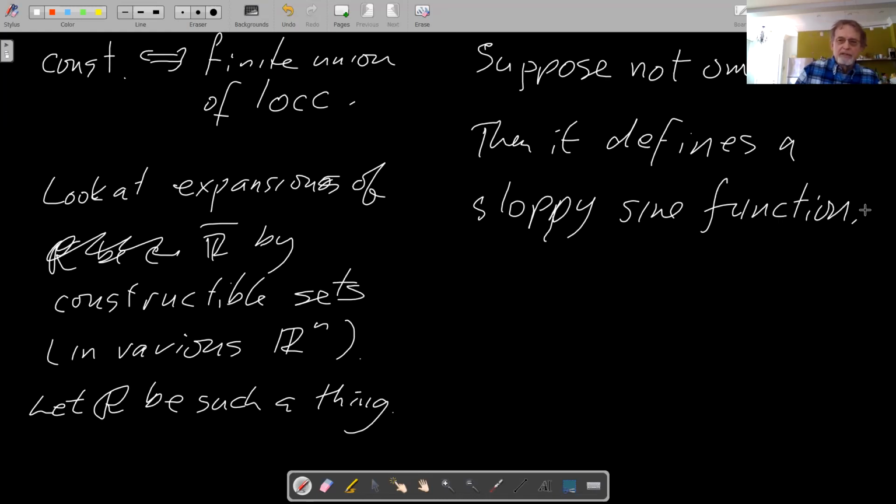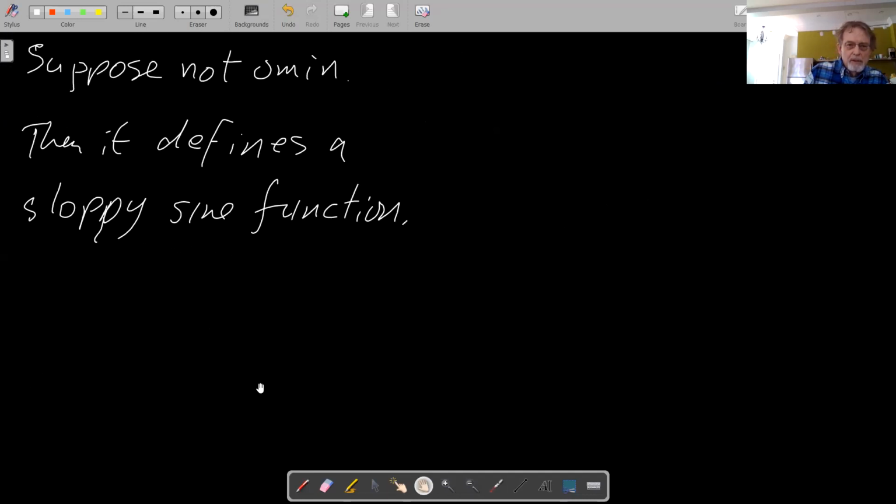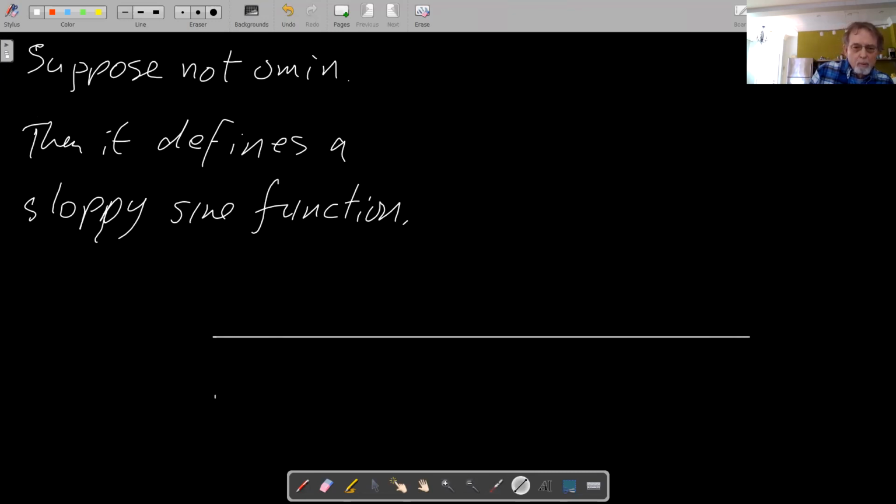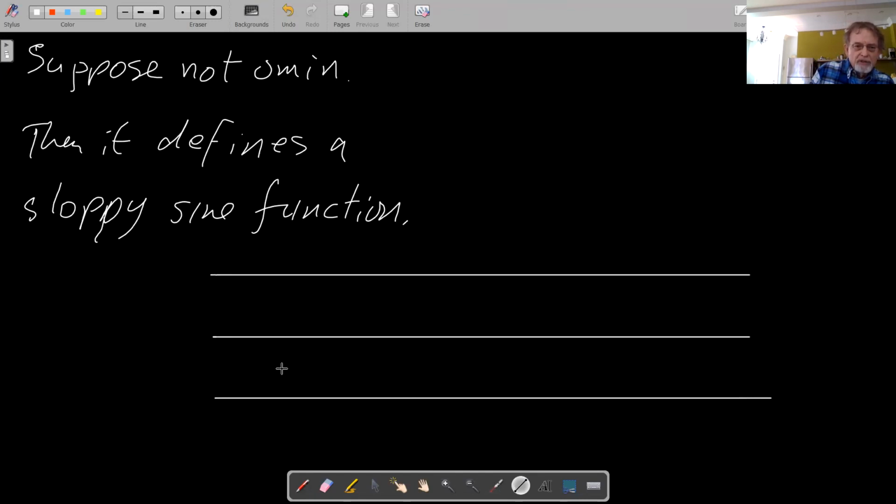So what do I mean by this? I'm going to prefer to draw a picture. So let's get a little more room. I should be doing something like this, and this is going to be 0, and this is stretching out to infinity here or whatever.